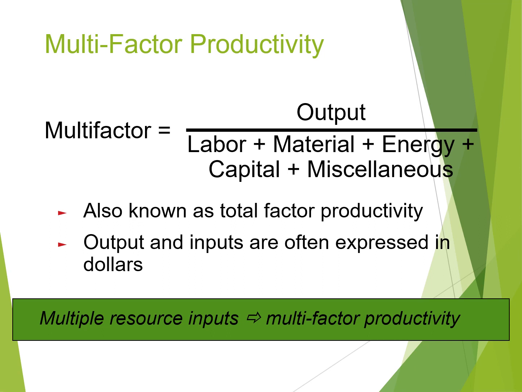Multi-factor productivity is also known as total factor productivity, but in most cases throughout this course you are going to see multi-factor. It is calculated by combining input units, in this case labor, material, energy, and miscellaneous. Each individual input becomes part of the denominator of the equation.